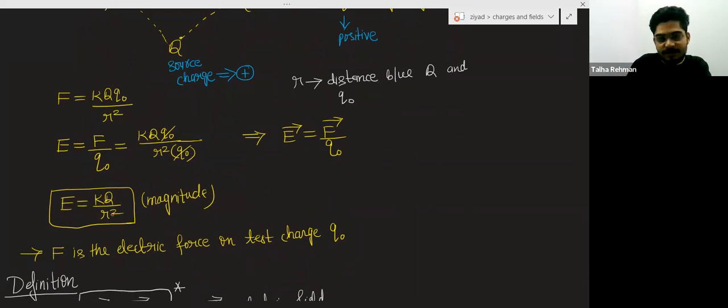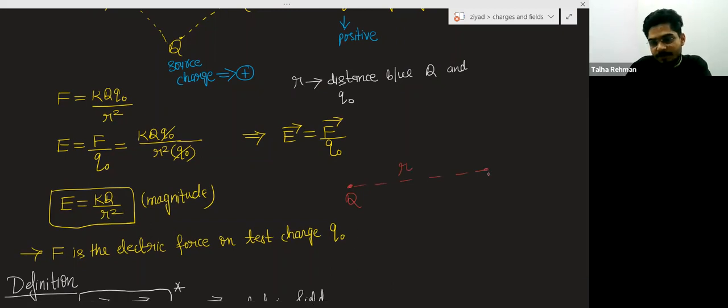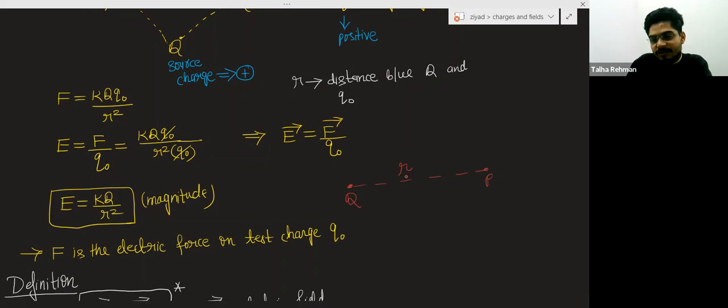So what is the meaning of this? Suppose a charge Q is placed here, and at a distance R from this charge there is a point P. At this point P, the strength of the electric field will be KQ divided by R square.